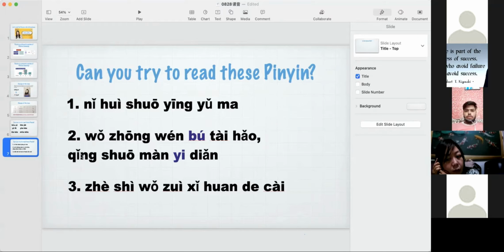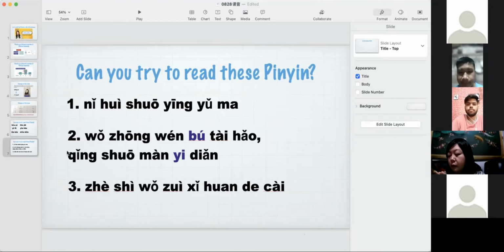Your tone is mixed up right now. 请说慢一点。Can you please repeat it? 请说，the first tone. 慢, it's a light sound. 慢一点。Yes, and let's try the third one.